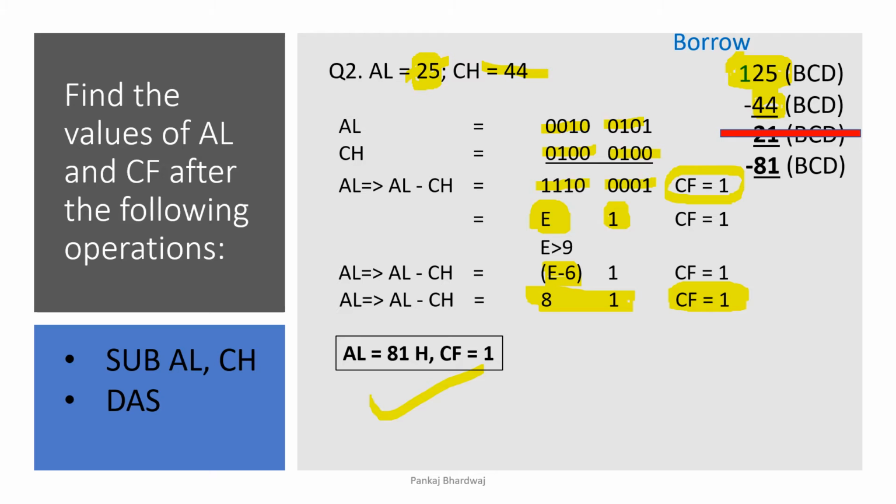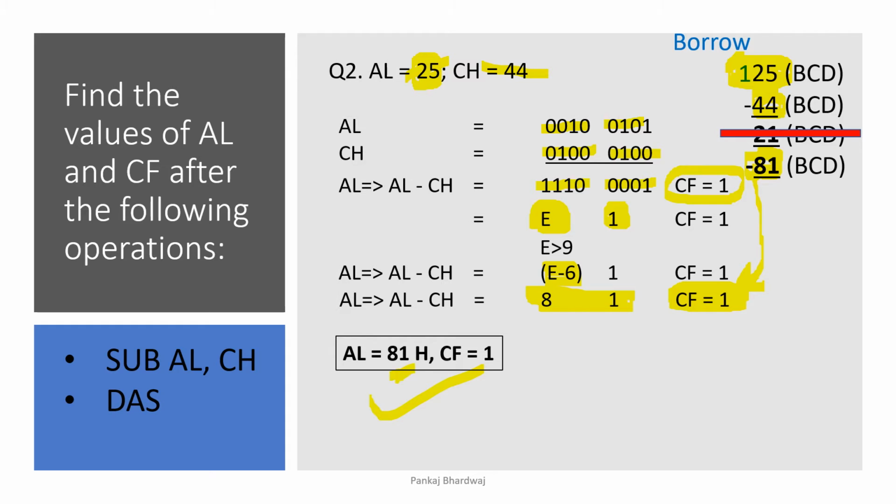So when we subtract 44 from 125, we get 81. This minus sign means the carry flag is set, and 81 is the answer.